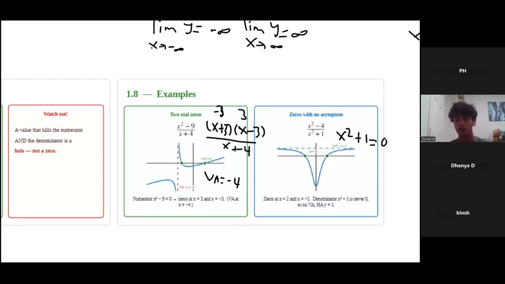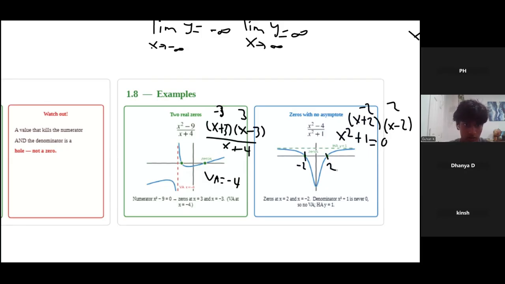So therefore, there's no vertical asymptote. And as for the zeros, x squared minus 4 is a difference of squares. So we can factor that out to x plus 2 and x minus 2, which gives us our zeros at negative 2 and 2.